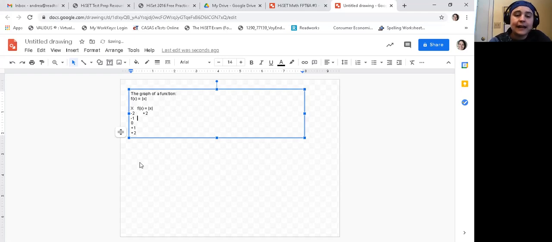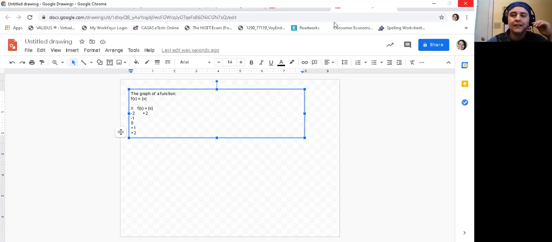All right, let's think about -1. How many steps away from 0 is -1? Well, looking back at our number line on the previous drawing, my computer's running a little slow today.